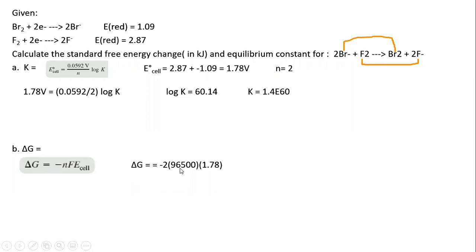And again, Faraday constant is 96,500. Now this puts the answer in joules, and then you would convert it to kilojoules. So it'd be about negative 344 kilojoules. So again, when you use this equation, it puts it in joules, and then you convert joules to kilojoules.